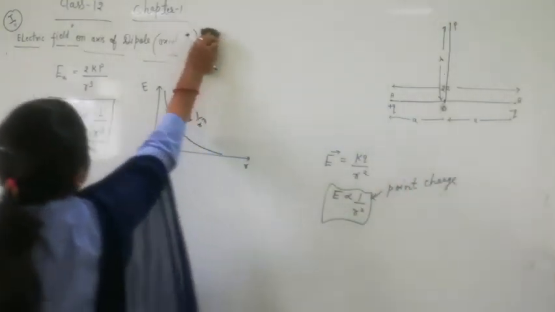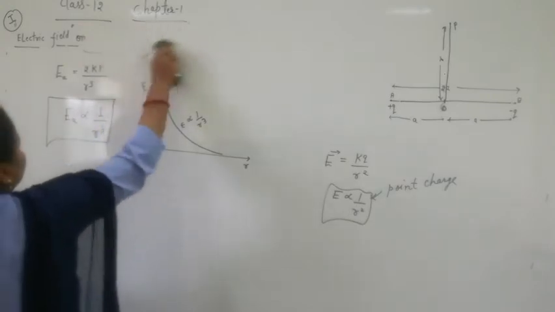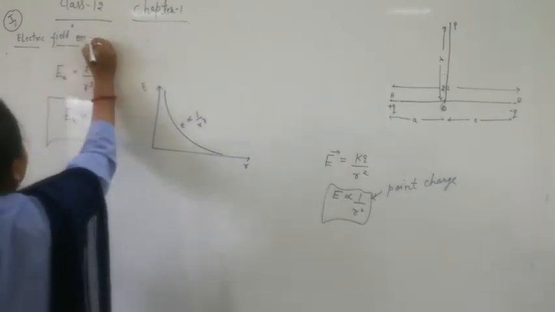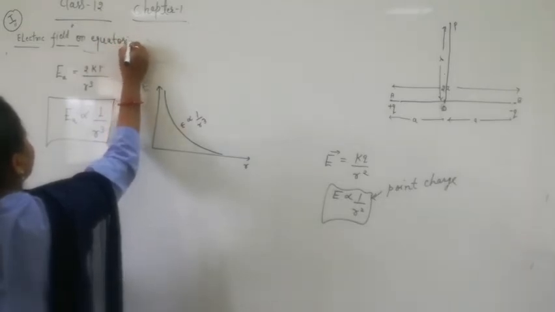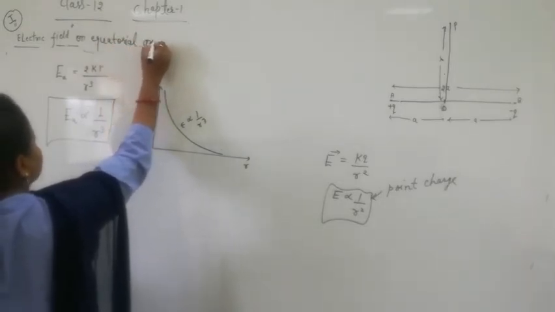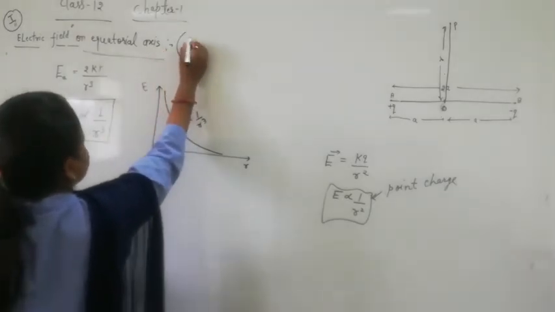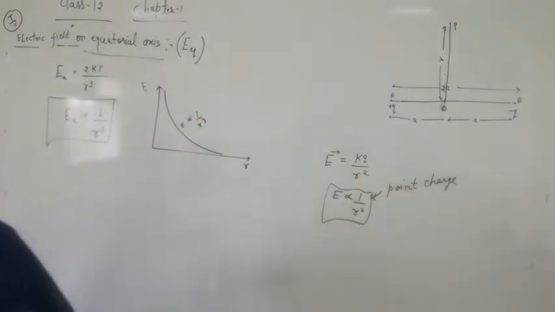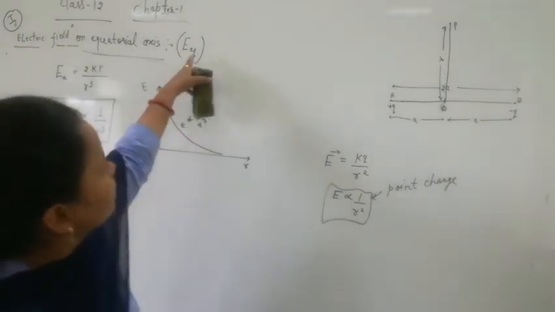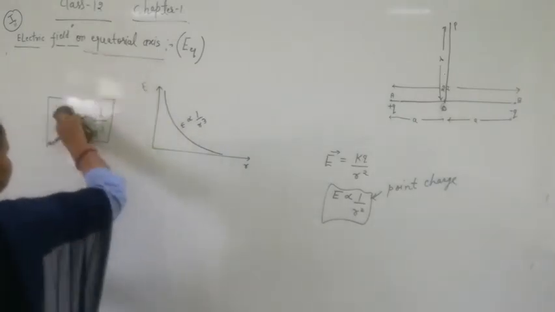So thus we calculate the electric field due to the dipole on the equatorial axis. Consider this symbol as E_Q. So our next target is to calculate E_Q.